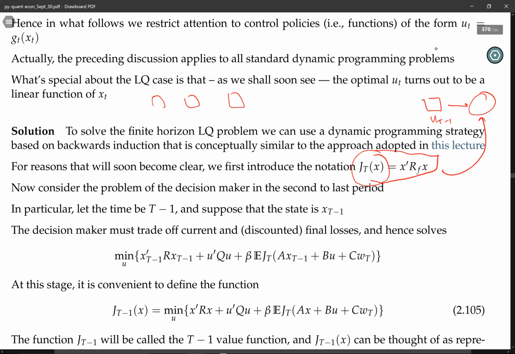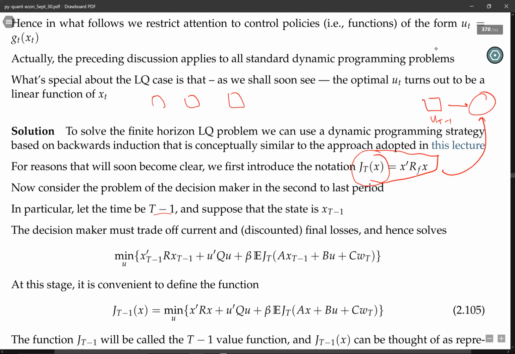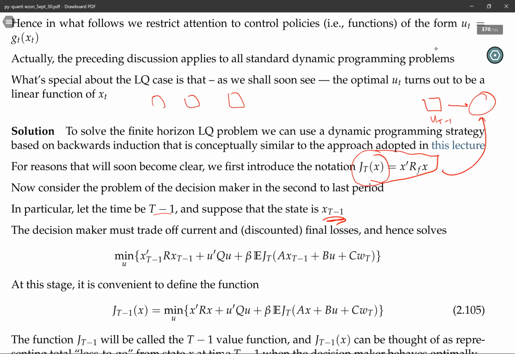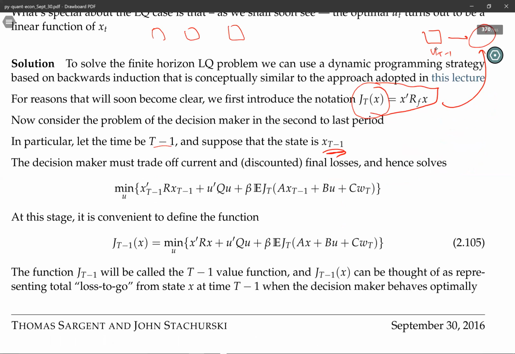Okay, so we're going to let the time period be t minus 1 and suppose that the state is x_{t-1}. Now, the key thing is we're going to imagine that the state is just given. So what's the problem in that second to last period?